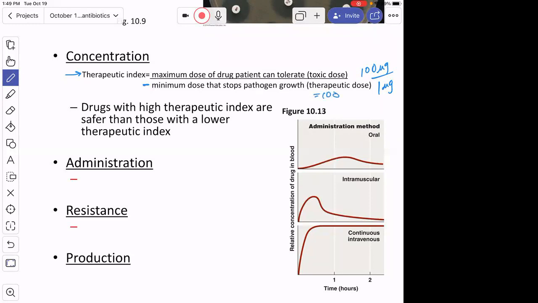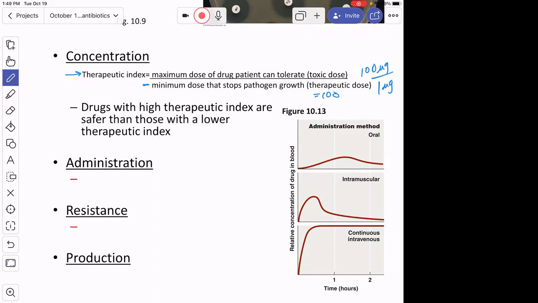That's a fairly safe therapeutic index, because you have a wide window between where the side effects are going to be too much and what actually works to kill the pathogen. Okay. It's hard to look up the therapeutic indexes for drugs. Morphine, for example, has a therapeutic index of 70. So that's considered very safe as well.